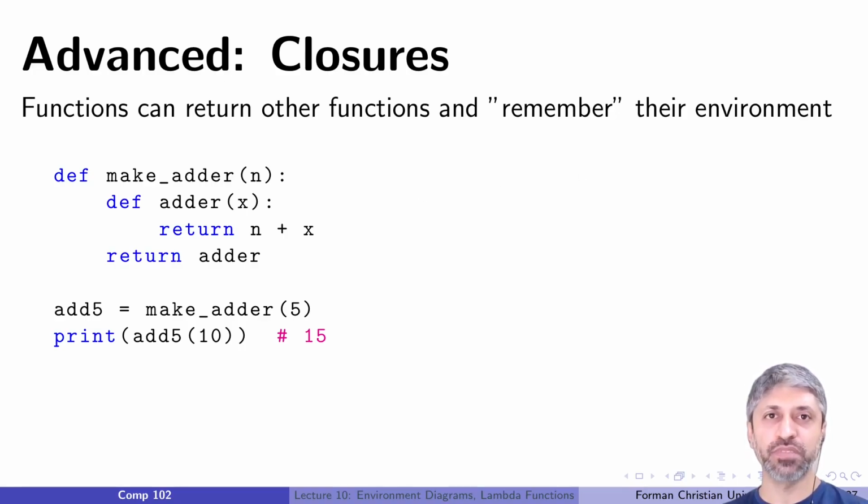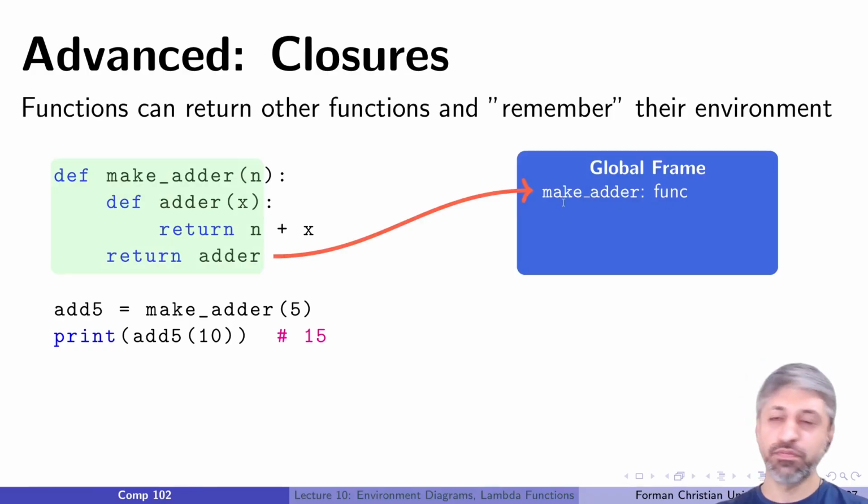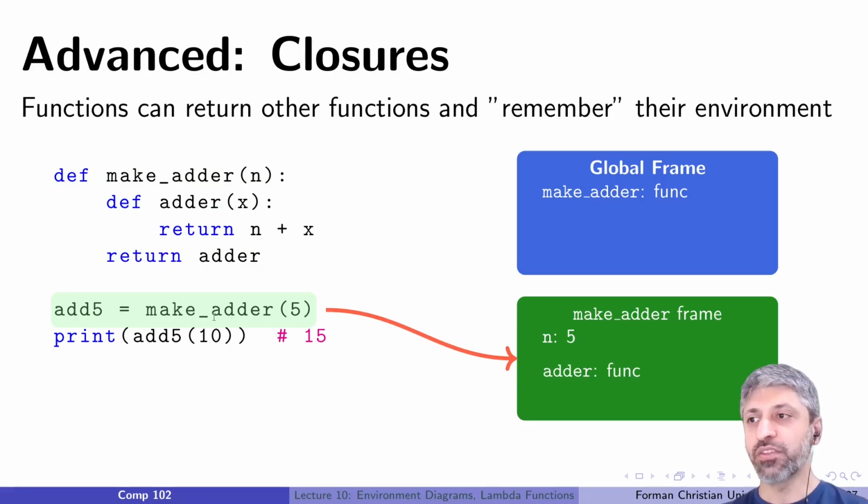For example, let's say you have add5 equals make_adder, and you run it with the value 5. So first you have the global frame, and then make_adder goes there. Then you call make_adder. Now you create a new frame, and all of the local variables go inside it. Please note that not only the local variable, which is the parameter, goes inside it.